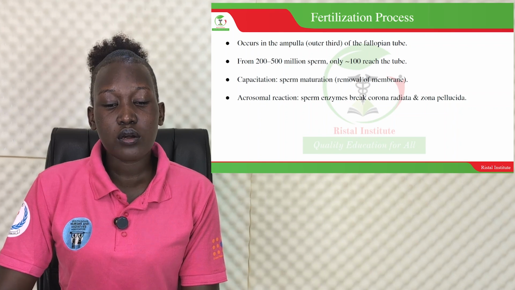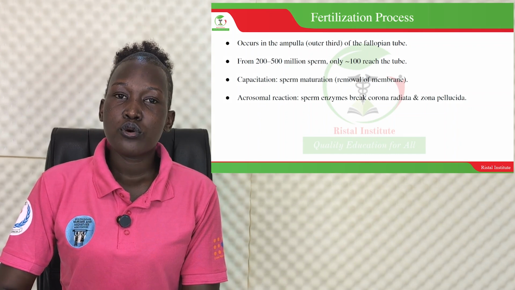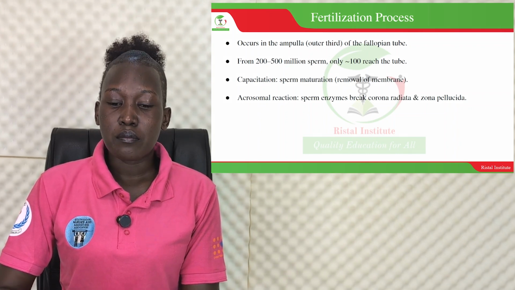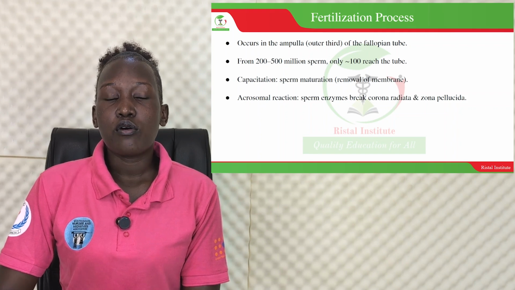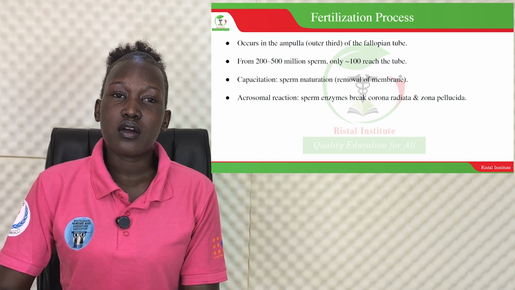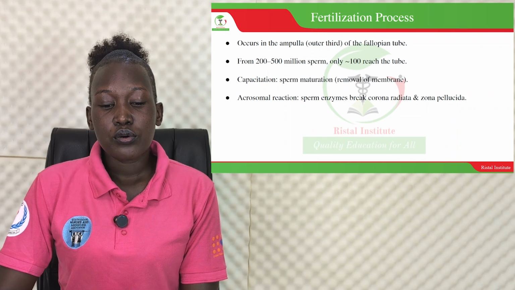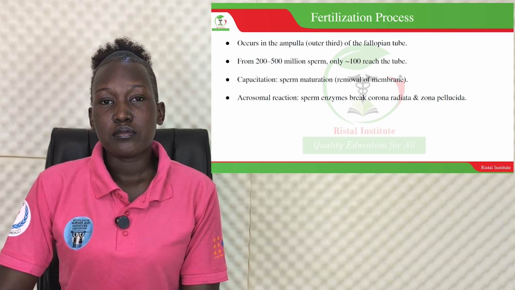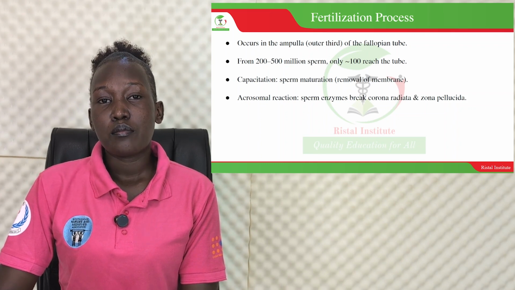After it has undergone maturation, the sperm becomes strong enough to penetrate the egg, because the corona radiata of the ovum is like a gate that obstructs and takes care of all the contents within the ovum. So the sperm releases enzymes that make the zona pellucida and the corona radiata permeable.